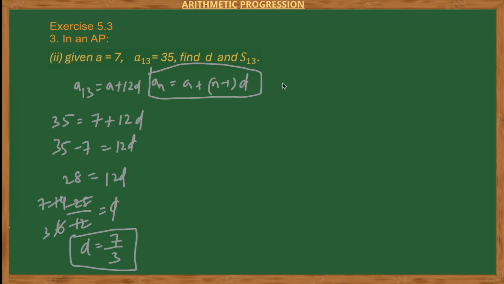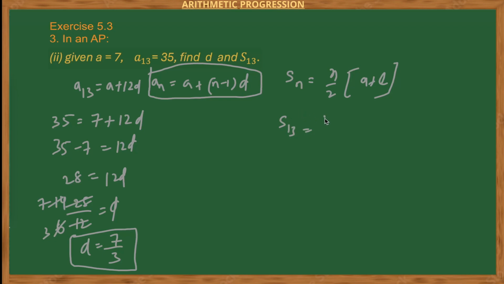Can we find the sum? Yes, for finding the sum, when the last value is given, do we have the last? Yes, we can consider this as the last term, 13. So we have n value as 13. Let's put it as a general formula: Sn is equal to n by 2 into A plus L. So Sn is nothing but S13.